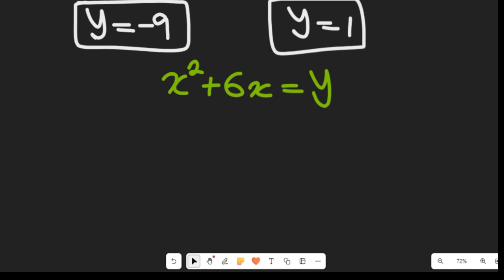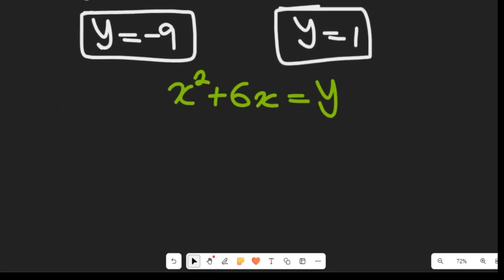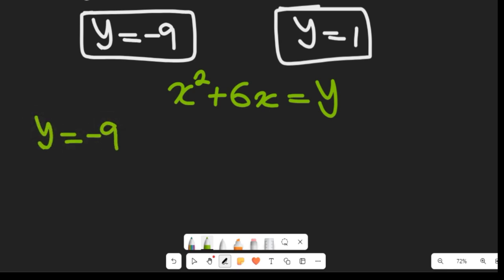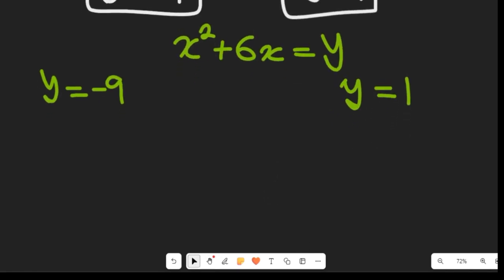From the first expression, if we take y to be equal to -9, and from this other expression, if we take y to be equal to 1, we're going to arrive at two expressions.